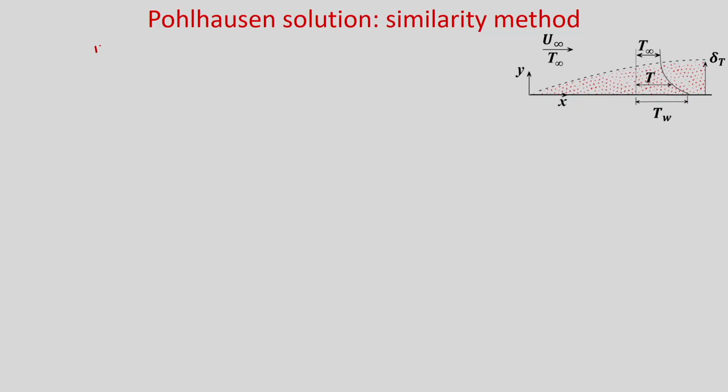So, we will start with the Blasius equation. So, whatever we have derived in last class. So, you can see Blasius equation, that is your f triple prime plus f by 2 f double prime is equal to 0.